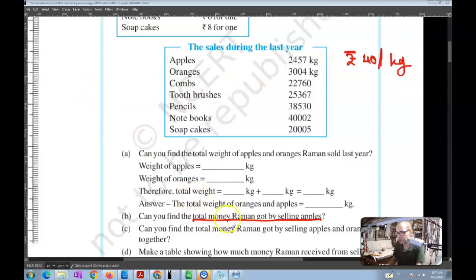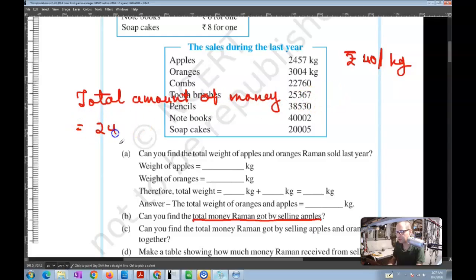So the total amount of money would be equal to 2,457, which is the total amount of apples that he sold last year in kilograms, times 40 in rupees, and then you can do this calculation and get the answer, right?